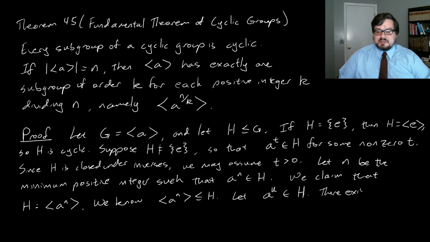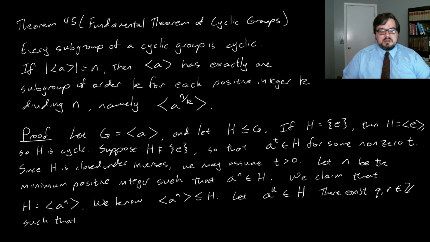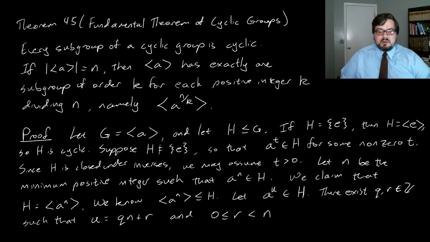There exist q and r integers such that u is equal to qn plus r, and r lies between 0 and n.